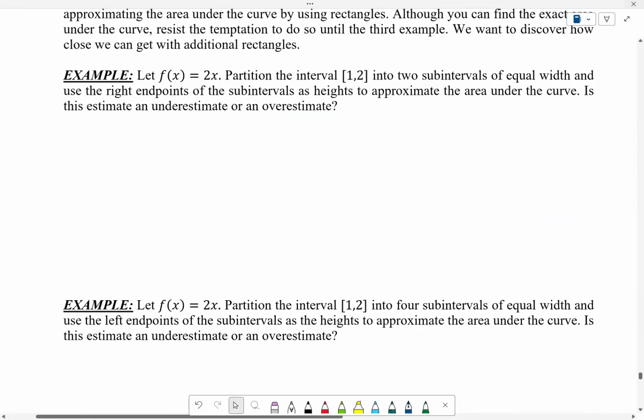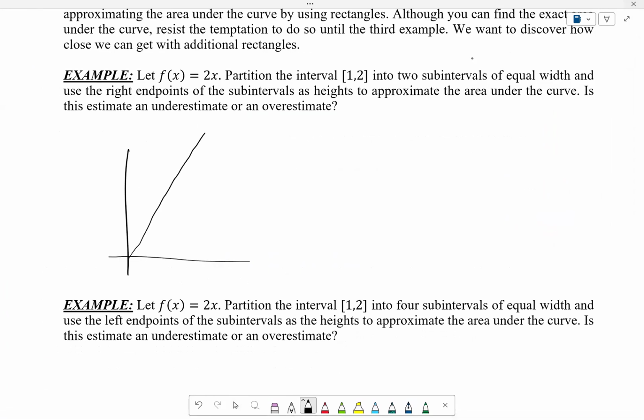F of x equals 2x. I'm going from 1 to 2. My scale is off. Let's just draw the approximation for now. Let's draw an estimate of the area.